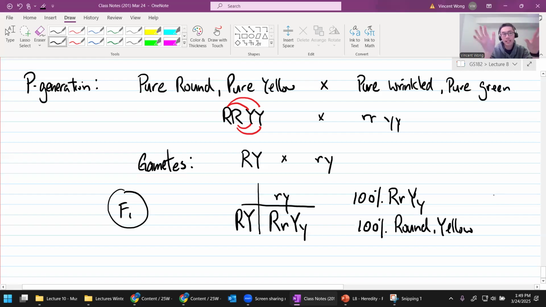It's the same theme I was trying to explain earlier. If both parents are pure for all their genes, only the dominant phenotype will show up in the F1 generation. None of them is going to be wrinkled, none of them is going to be green, because those are the recessive traits, right?